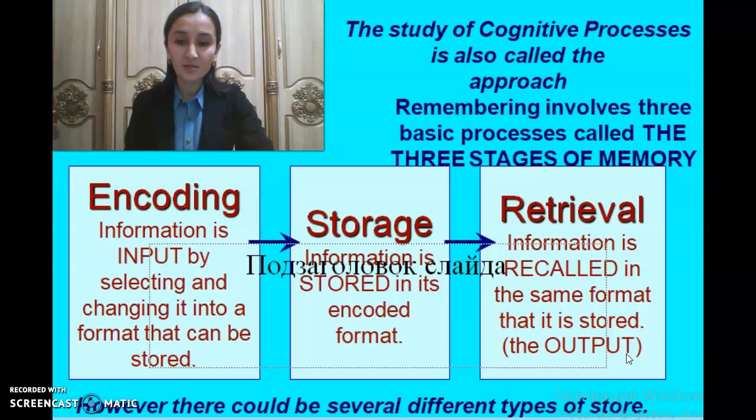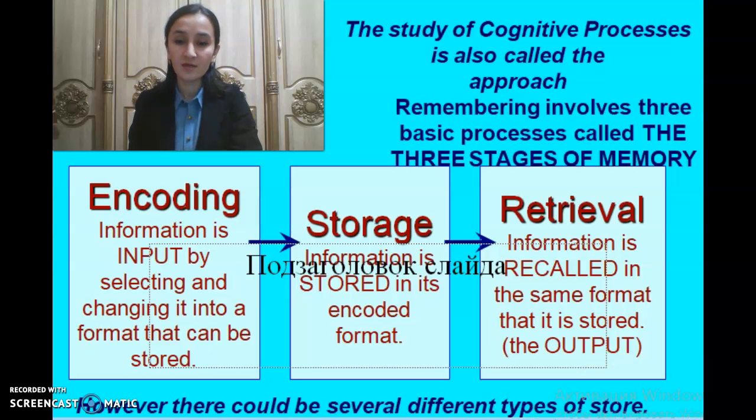Okay, on this page, as I mentioned, we will expand the explanations of the terms which were given on the first page. And we will continue with the study of cognitive processes. Remembering involves three basic processes, called the three stages of memory. The first stage is encoding. Next follows storage, and the last one is retrieval.